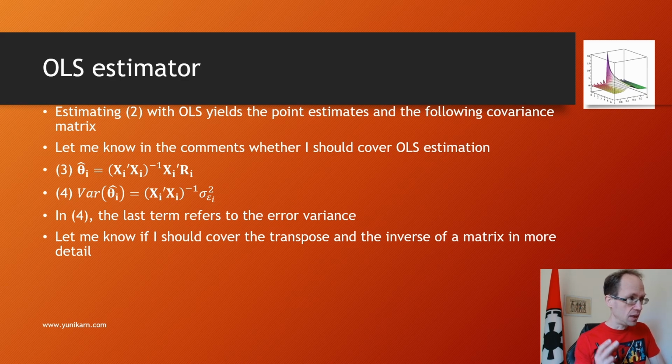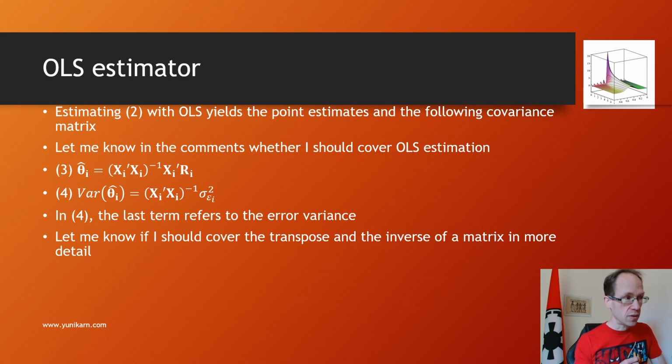So this is simply the prime in this case. So x prime is the transpose of the data matrix. The -1 indicates the inverse of a matrix. All of these different elements, of course, are very basic building blocks used in matrix notation and in linear algebra.